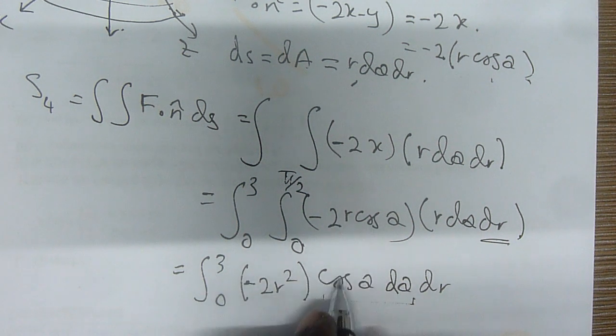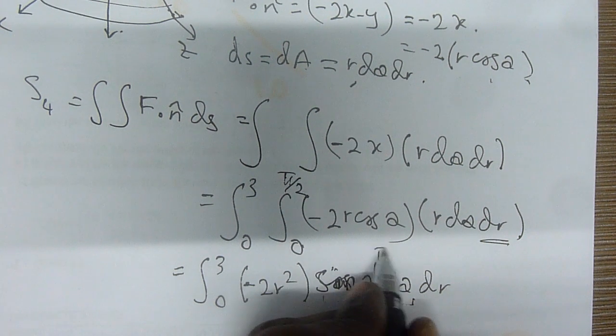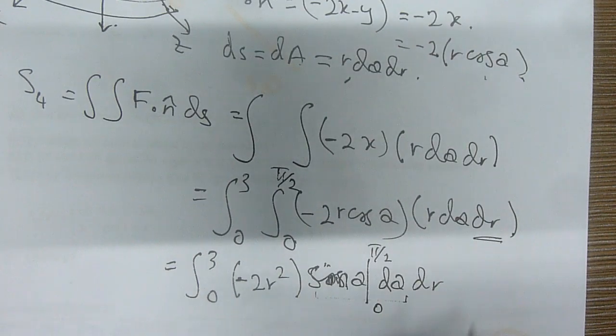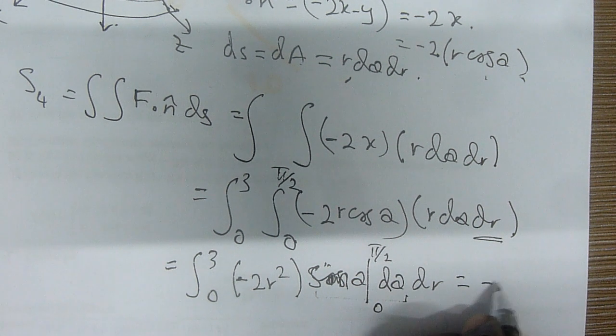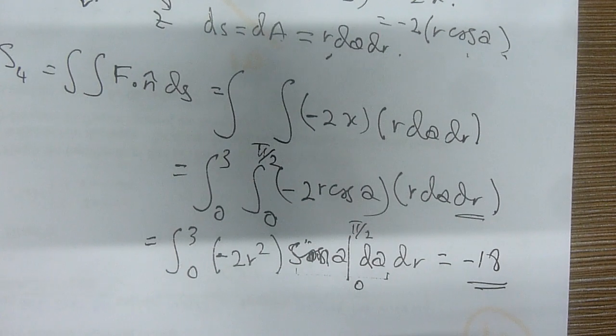This one, cos theta, you integrate, you get a sine. Can I start straight away moving? Okay, I just change it to sine, integral from pi over 2 to 0. Can you do this? It's very easy. When you calculate, you will get negative 18. Make sure you are able to calculate that.